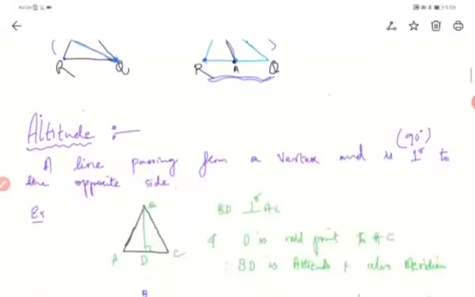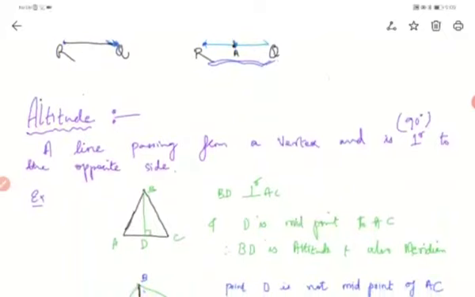Alright, so the next term I want to introduce is altitude. Altitude is again a line which is coming from a vertex, but it is perpendicular to the opposite side.